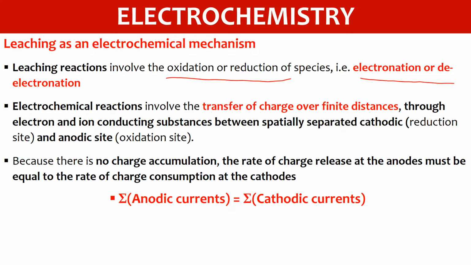Okay. So we say electrochemical reactions involve the transfer of charge over some finite distance through electron and ion conducting substances between spatially separated cathodic and anodic sides. Okay, right. Because there is no charge accumulation, we can conclude that the rate of charge released at the anode must be equal to the rate of charge that is consumed at the cathode.